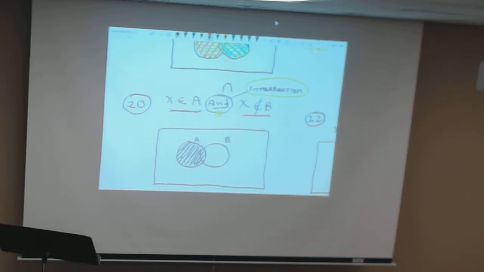X is not an element of B. So if it's not an element of B, then where is it? It's everything outside of B. Everybody follow that? You got to read it carefully. Everything outside of B. Okay?